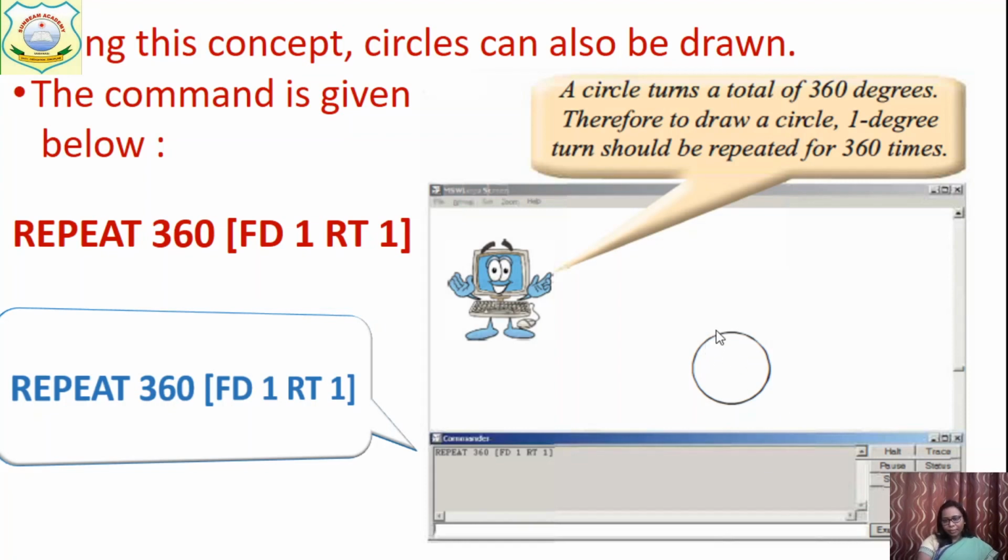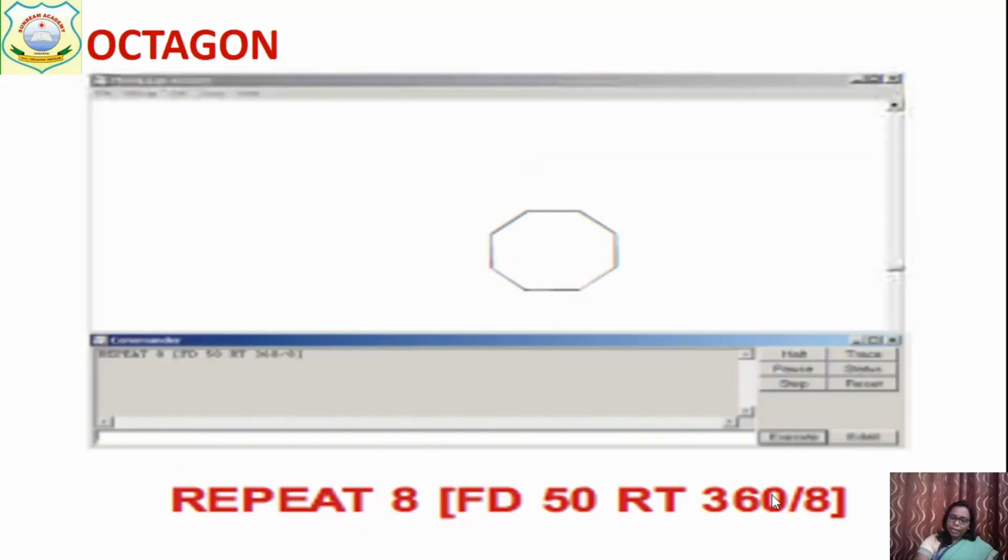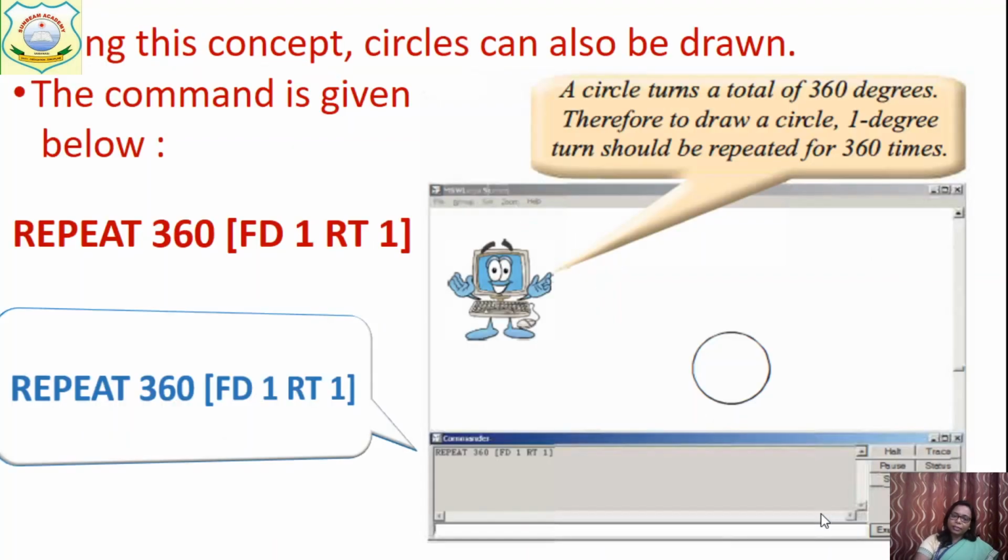We have done this in practical also. Just remember it will turn 1 degree, 360 times. So here it becomes 360 divided by 360. The formula is 360 divided by the number of sides, so for a circle it becomes 360 divided by 360. So here it is 1.